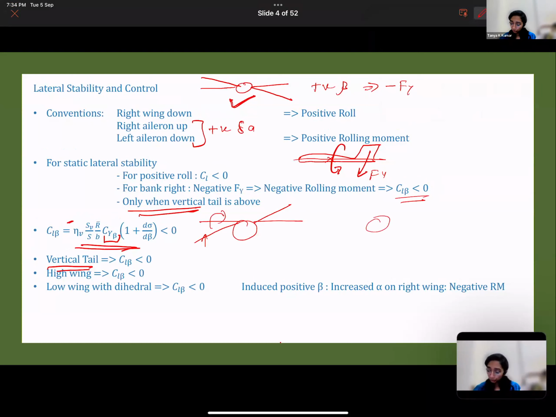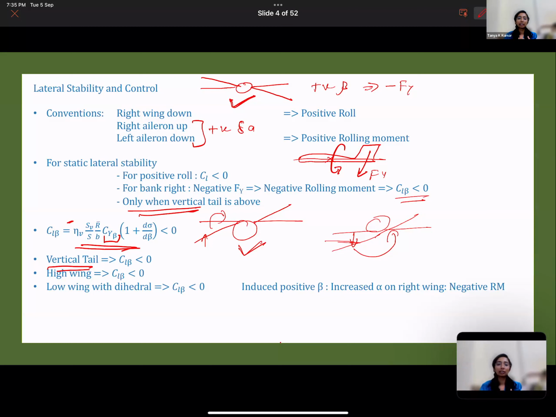Now, for the low wing condition, that force is acting here. There is a component of force acting in this direction, which will not produce any restoring moment. It will continue destabilizing your roll, which is why high wing has CL beta negative, contributing towards lateral stability. So high wing is more laterally stable as compared to low wing.